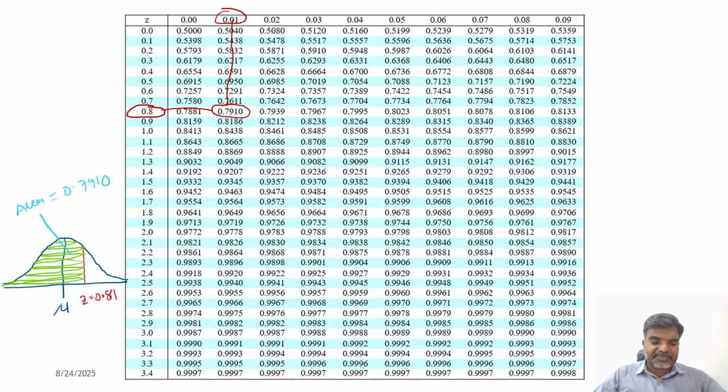Similarly, in the last example, another z value is 1.73. If z equals 1.73, what is the area bounded by the curve? Again, you can see the left side area of the z value. We can find this value from the table. For 1.73, in the first column you can see 1.7.